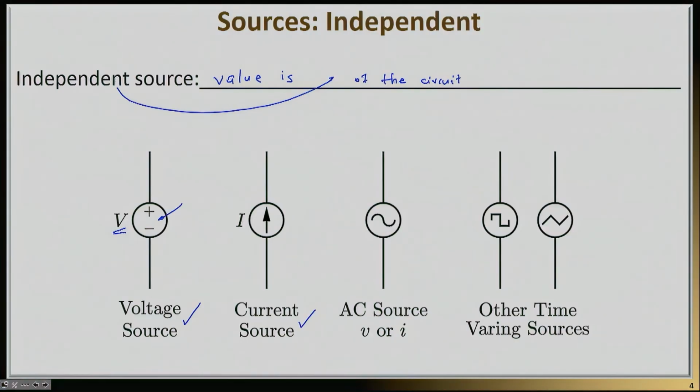This voltage source will have a plus and minus, meaning that one side, one node, is sitting at a higher voltage than the other, and the potential difference between those two points is V. On the other hand, a current source is indicated by I. This is the value of the current, and is also indicated by the arrow here. This is the arrow that signifies the direction of the current that this source will impose on the circuit.